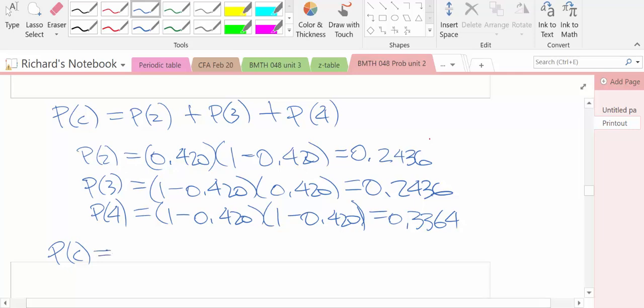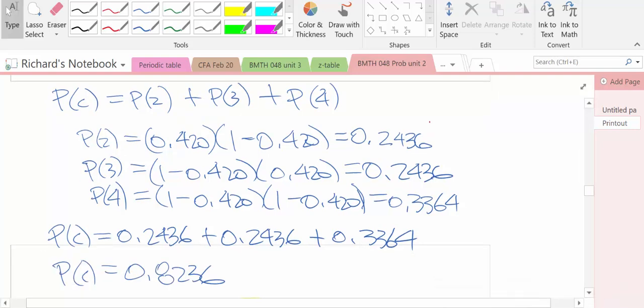The probability of event 2 occurring is 0.2436, or event 3 could occur, and that probability is also 0.2436, or event 4 could occur, so that's 0.3364. Now I sum these up. So the probability that event C will occur is 0.8236.